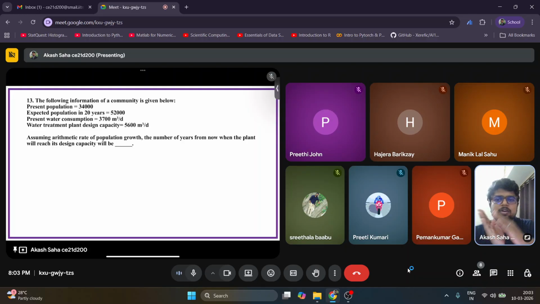So we can find out how much more it can accommodate. Okay, then find out the present requirement, how much water is required per person. Okay, and each year how much this requirement will increase. Then we have to just divide it. Okay, so let's see.